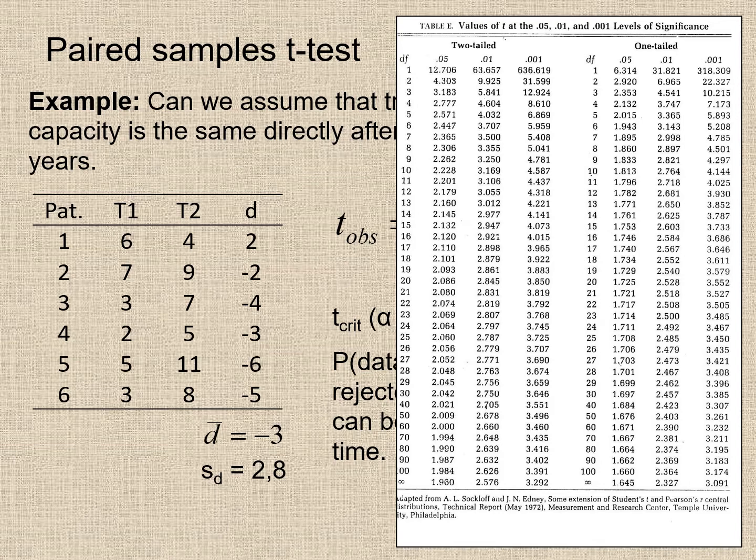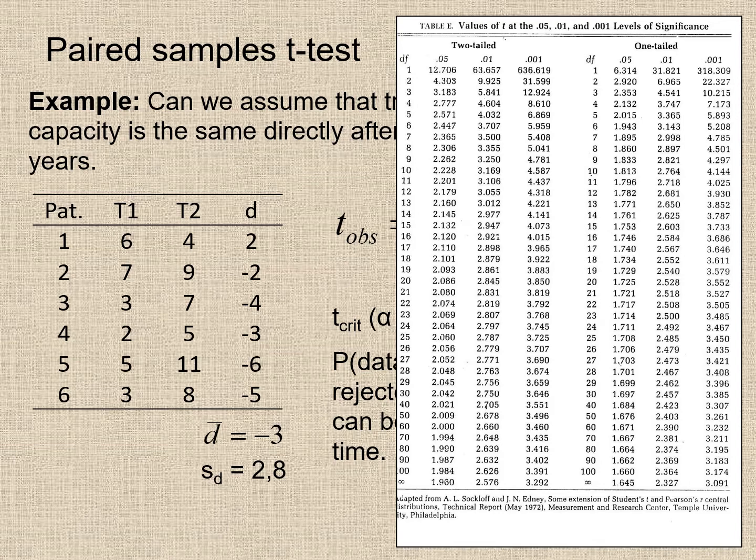So we have a look in the first column for 5 degrees of freedom, and there we see a value of 2.571. So this tells us that samples of this size with 95% probability have a sample mean that is within 2.57 standard errors from the population mean.